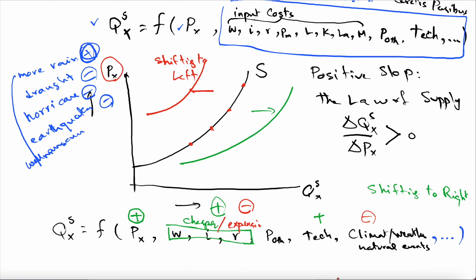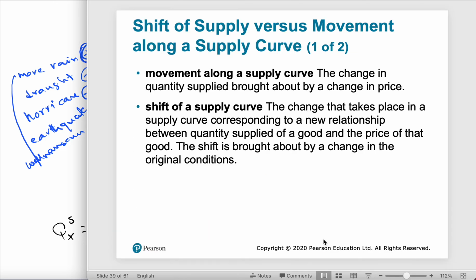Whereas a shift refers to changes of the supply curve corresponding to the new relationship between quantity supplied of a good and the price of that good. So this shift is brought about by a change in the other factors.